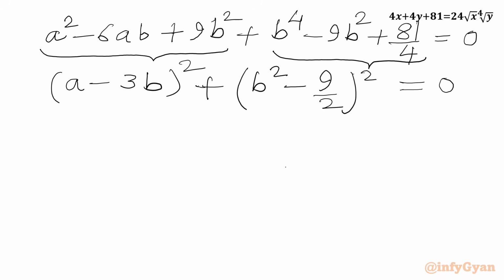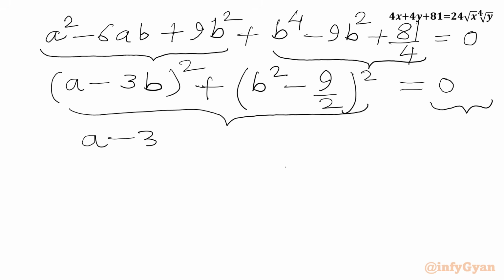Now in LHS we have the sum of 2 squares, and in RHS we have 0. So this is possible only if the brackets are individually 0. A minus 3b should be equal to 0, and b square minus 9 over 2 must be equal to 0. Then only we will get RHS 0.